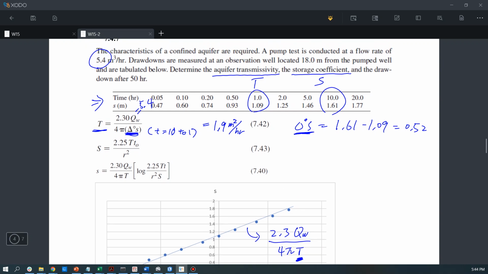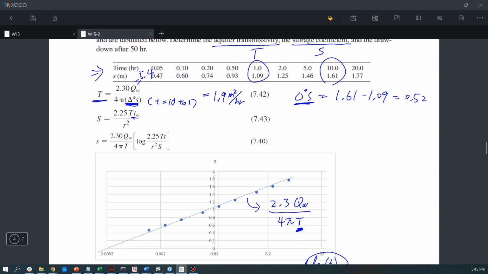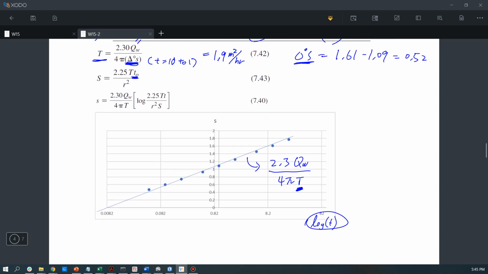And then to calculate the storage coefficient, we'll use the next equation, equation 7.43. It's a similar concept, and this t0 is the intersection of this fitted line at the axis. So in our case, t0 is equal to 0.0082.